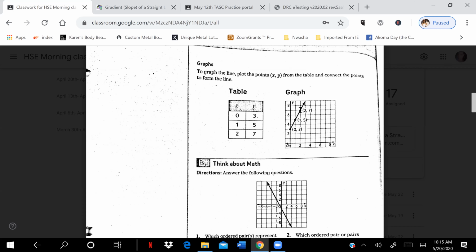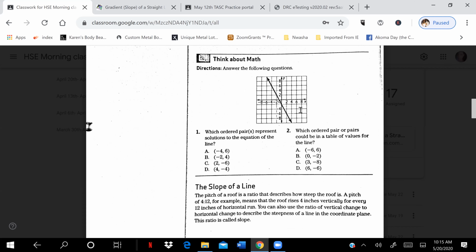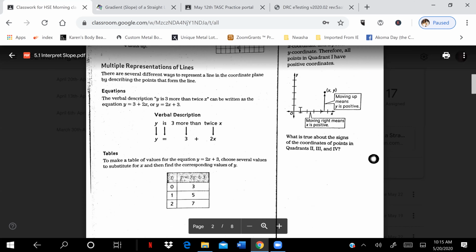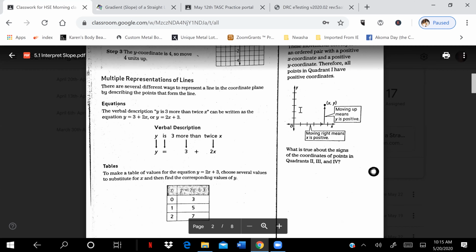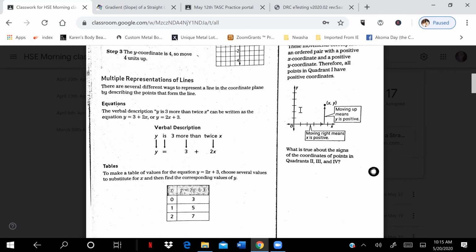So taking a look at this Think About Math, it says which ordered pair represents solutions to the equation of the line. So what they're saying is when we looked at this line as an equation, the solutions are the 0 and the 3.